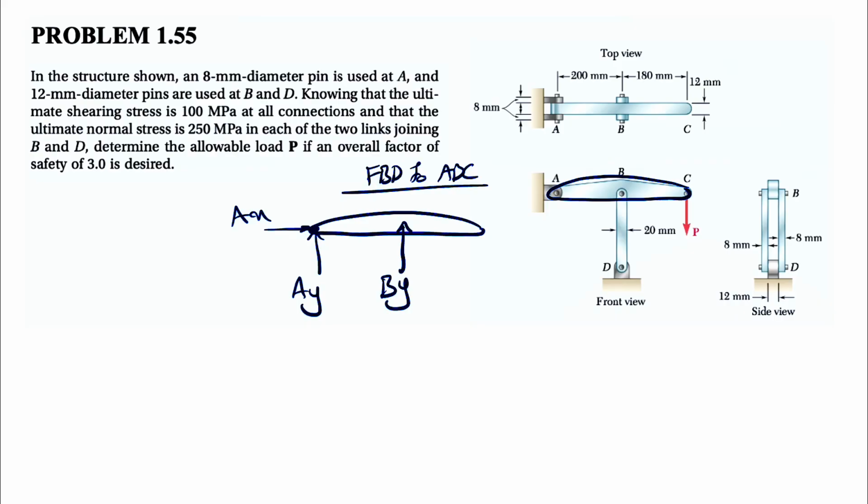You might say that we need to consider an X component for joint B too, but the reason I don't consider any X component for B is that BD is a two force member, which means the force applied from the link BD to ABC would be along the line that connects these two.